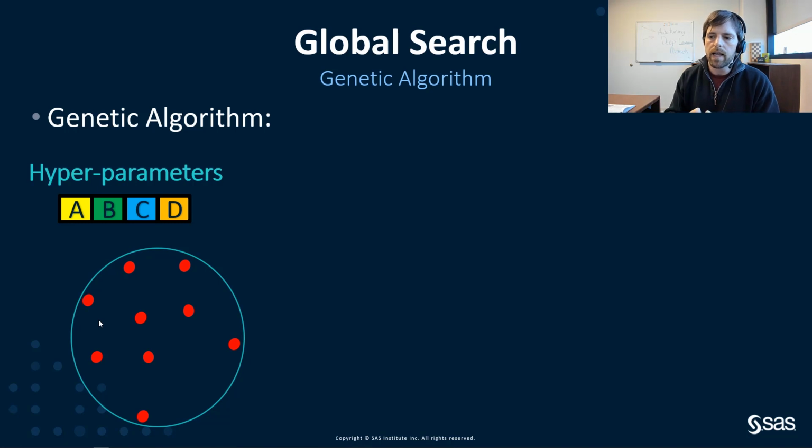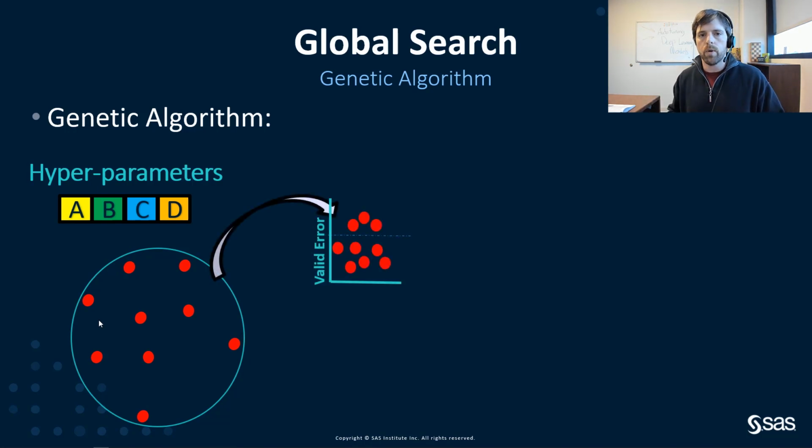Think of these as learning rate, regularization, dropout, and so forth that we're going to use in our model. So we evaluate these decision point combinations, and let's say we evaluate these points by training our model and looking at performance on some holdout data.